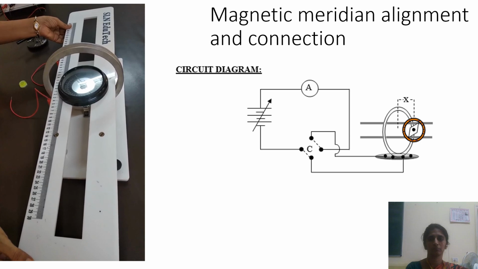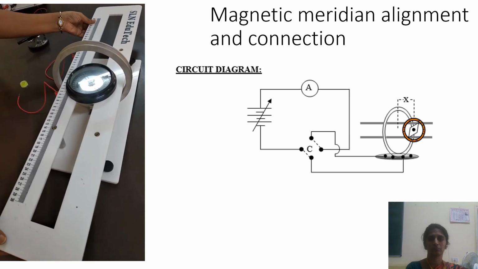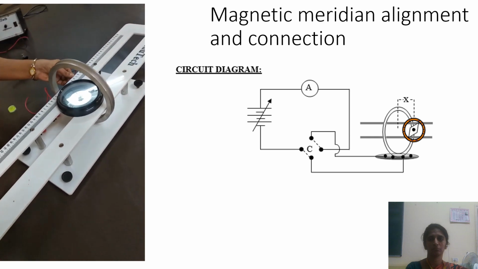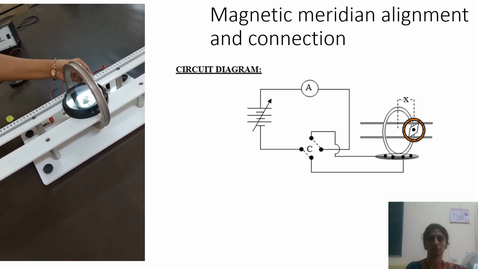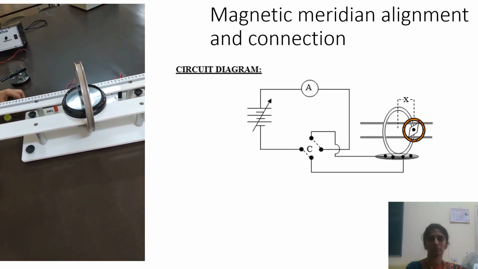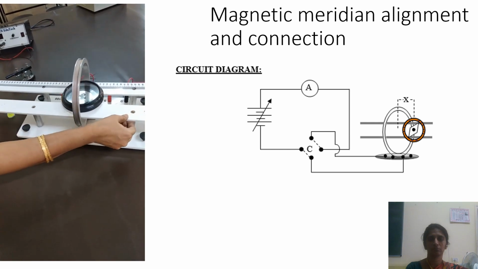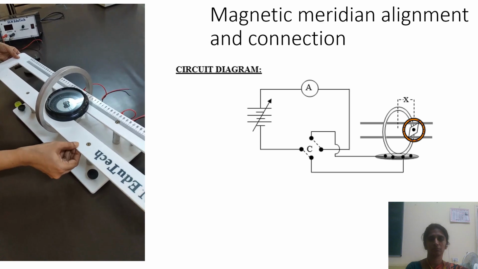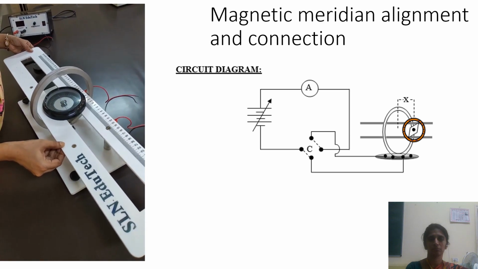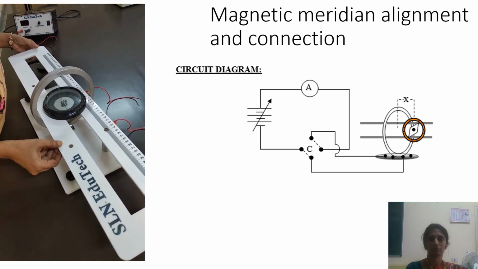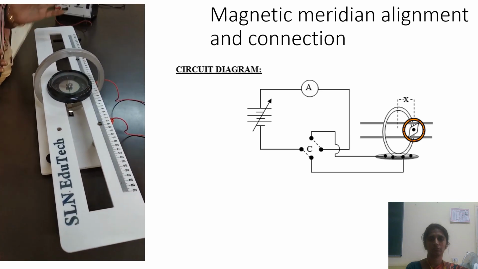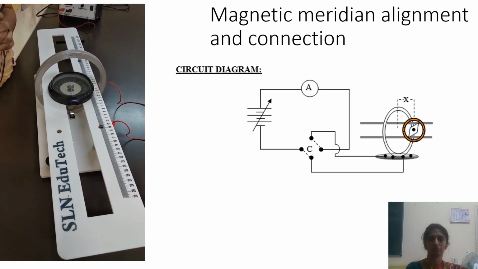After this, rotate this axis in order to get the 0-0 deflection. Okay, so we have got 0-0 deflection. This entire arrangement is called the magnetic meridian.